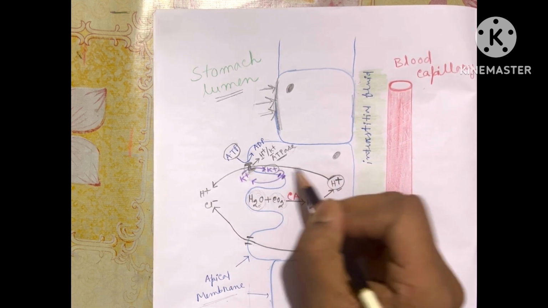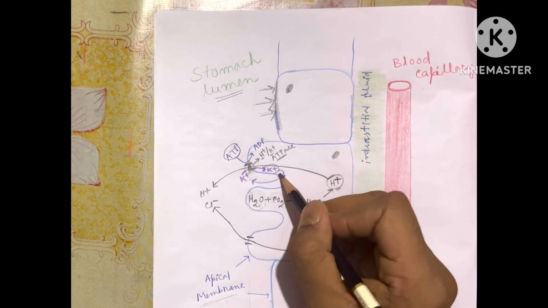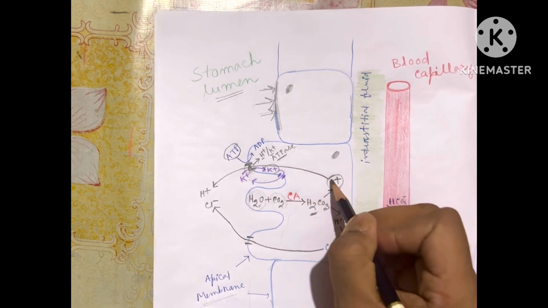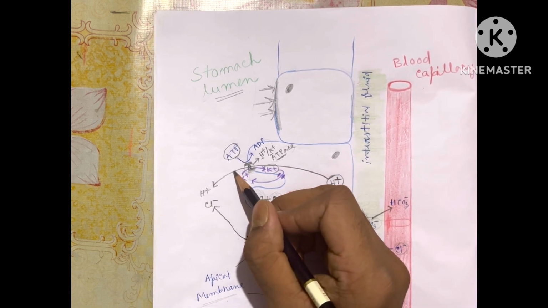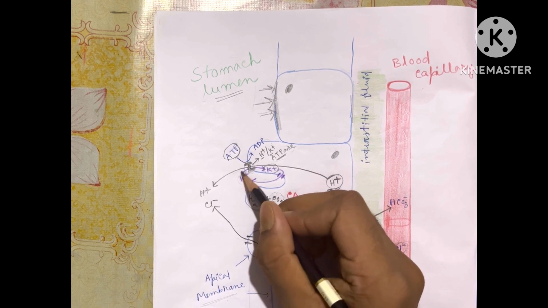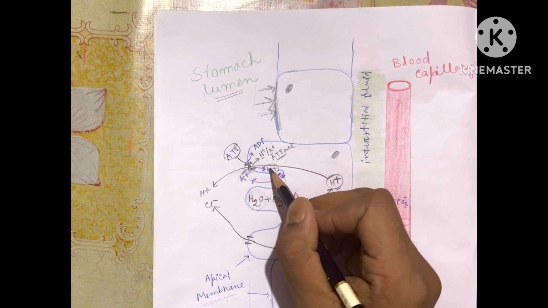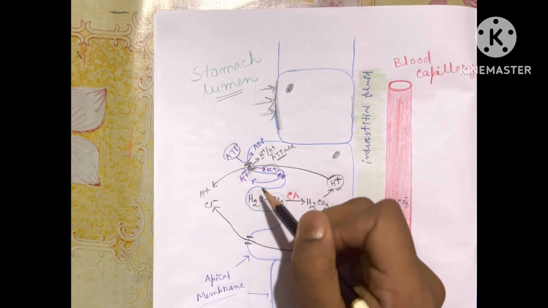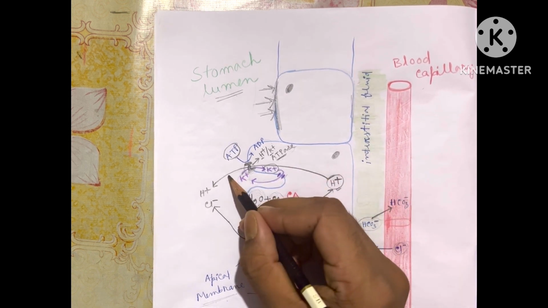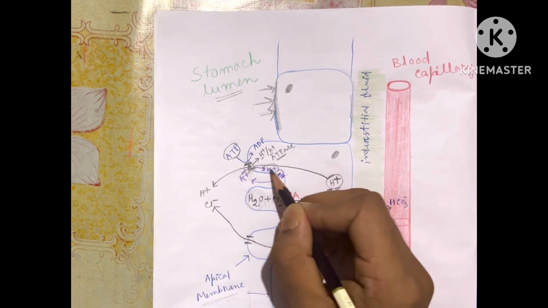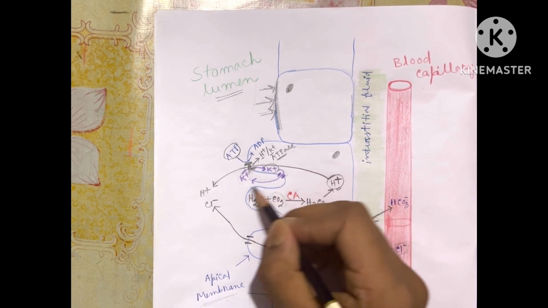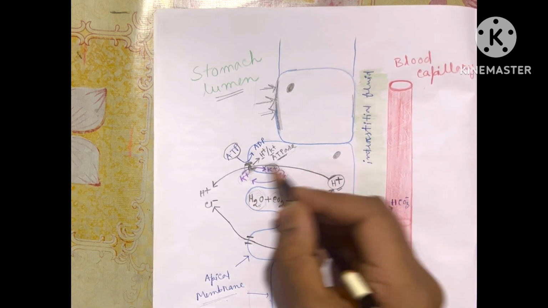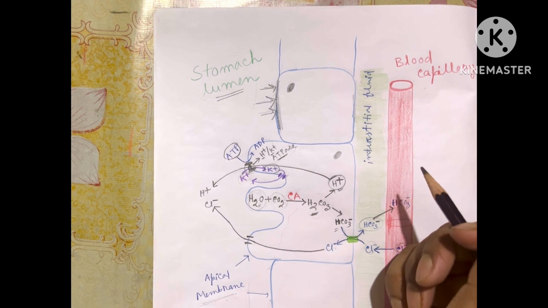Once it comes inside, then with the help of this uniporter, it directly goes outside the parietal cell. When the second hydrogen ion goes outside, the same potassium ion again comes inside. Then again using one uniporter, it goes back to our stomach lumen. When the third hydrogen ion goes outside, again the same potassium ion comes inside. So this kind of rotation will be continuously going on when hydrogen ions are moving outside.